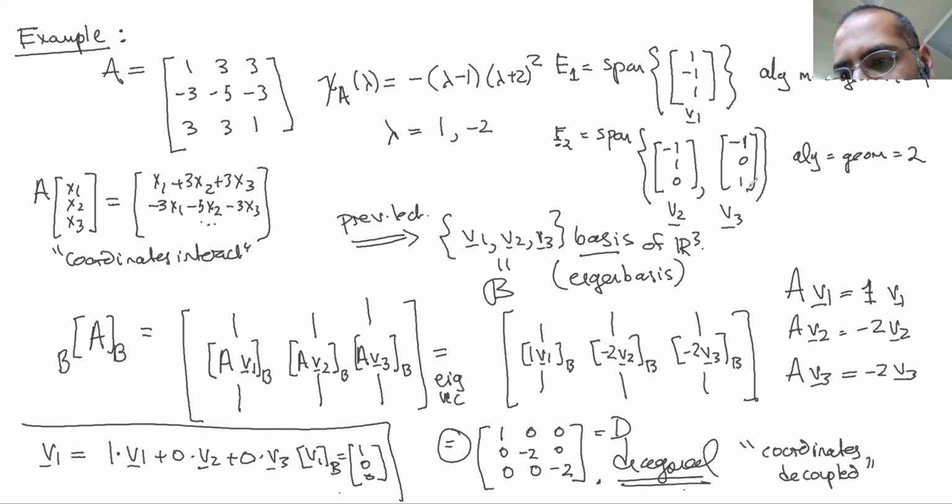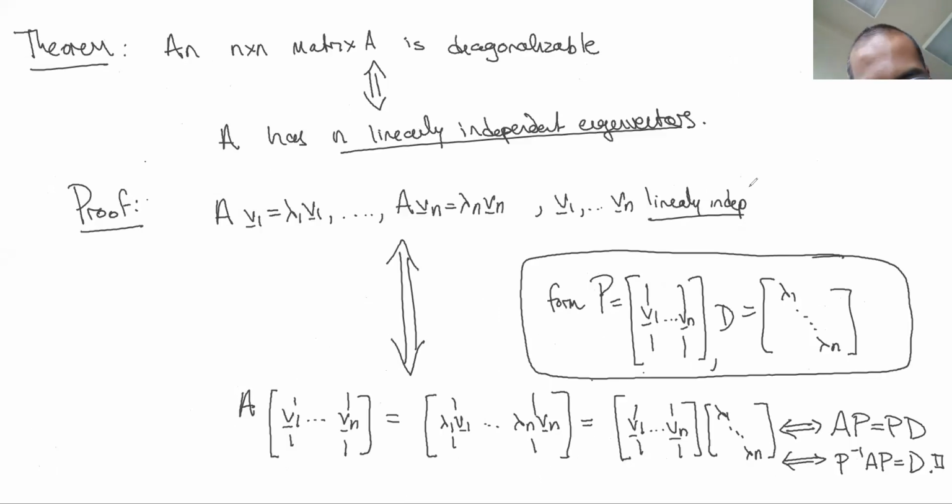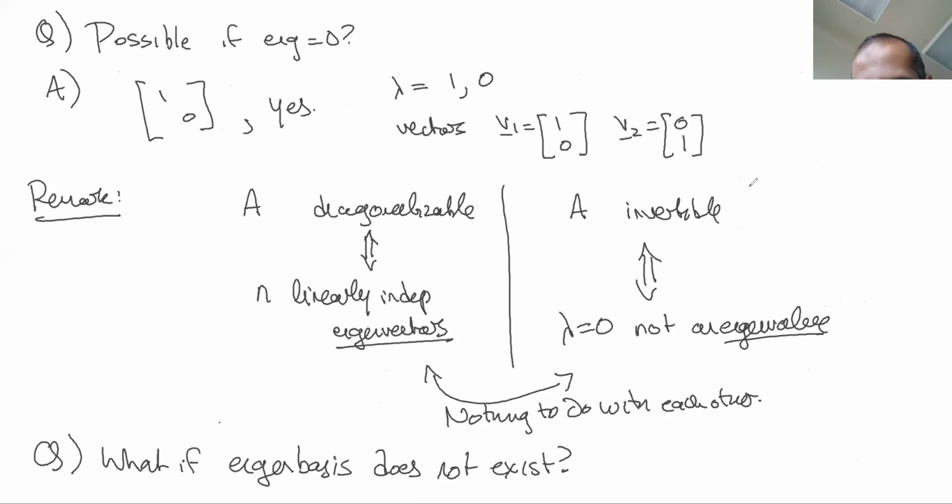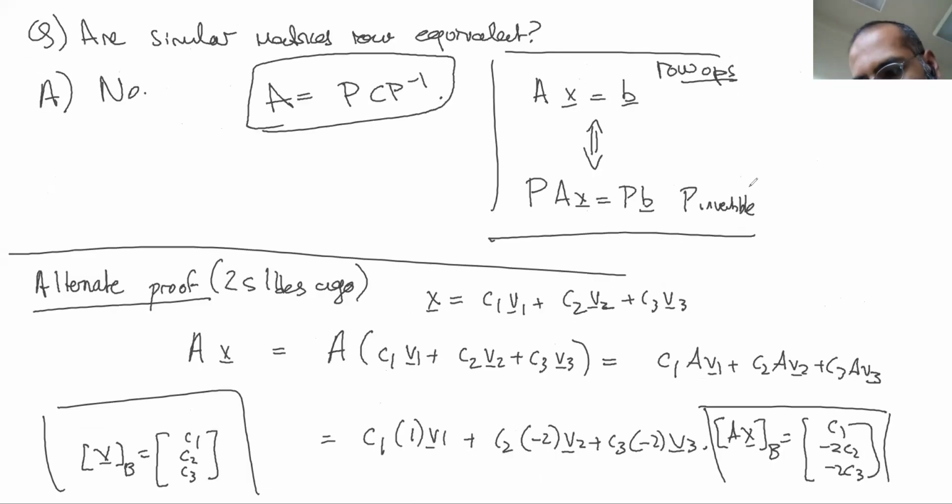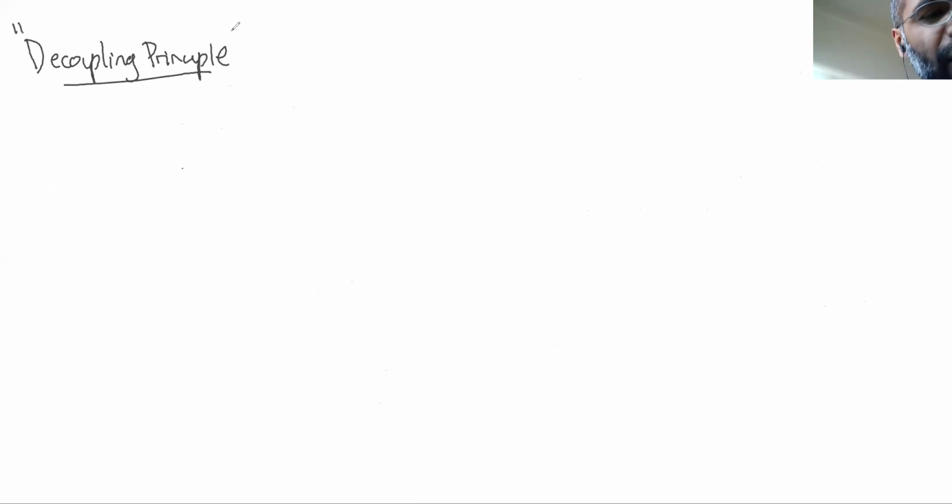Okay, so that is the main theorem about diagonalizability. And conceptually, what this achieves is something that I like to call... This terminology is not used in the book.